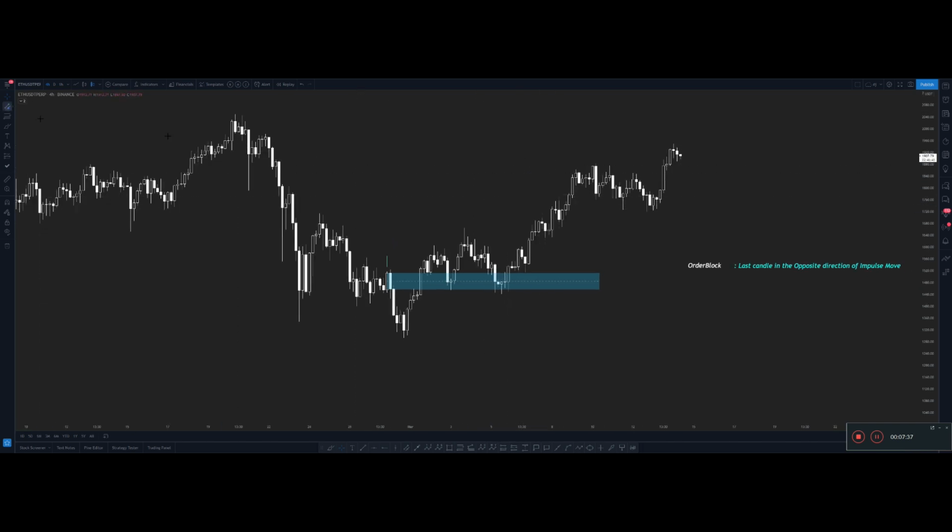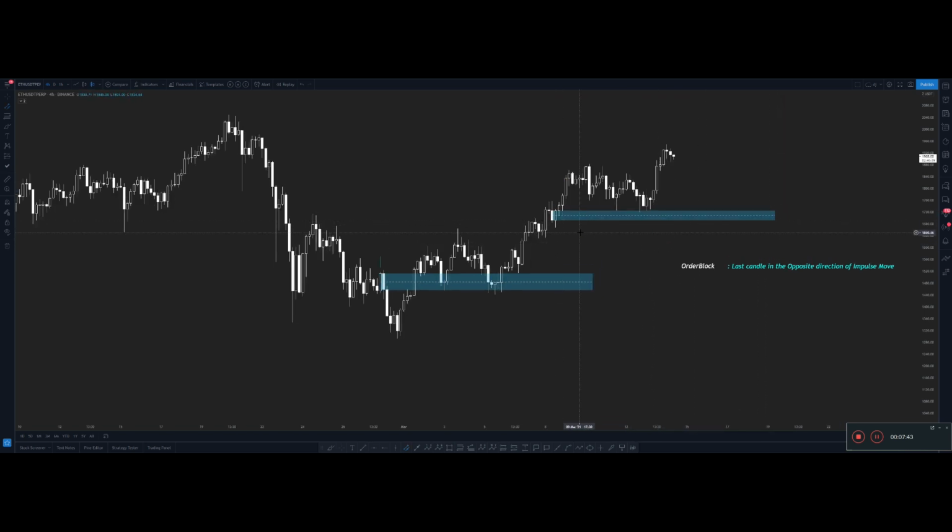Yeah, here you can see it. This is not a perfect example, but I just started filming it. As you can see, this was the last candle in the opposite direction of an impulse move. So this was an impulse move, there was a rally. Before that was the last opposite direction candle, and you just mark the body of that.